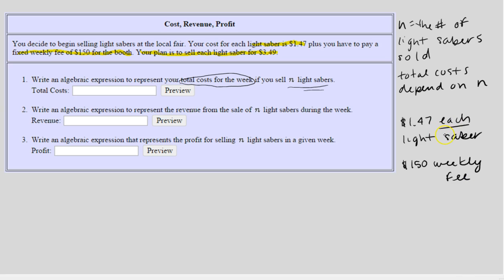This one depends on the number of lightsabers. So it's $1.47 per lightsaber, but this total amount varies depending on the number of lightsabers. The $150 weekly fee, it doesn't matter how many lightsabers we sell, 0 or 1,000,000, no matter what, we have to pay $150.